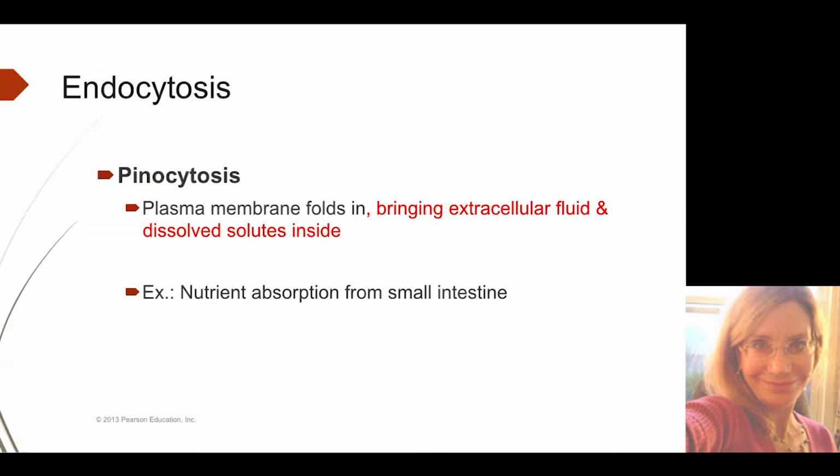Endocytosis. Another form of endocytosis is pinocytosis. This is when the plasma membrane folds in and it can bring extracellular fluid with any of the dissolved solutes that happen to be there inside the cell. This is used during nutrient absorption from the small intestine by the cells lining the small intestine.